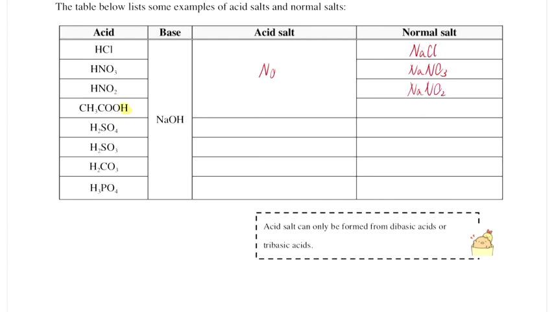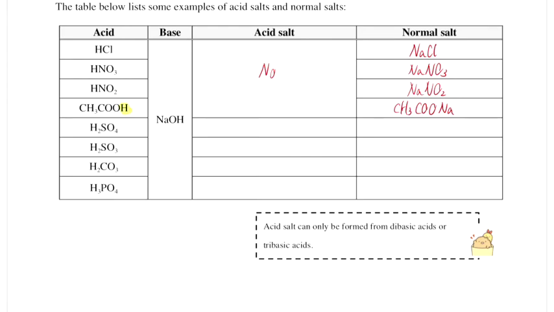And for the ethanoic acid with sodium hydroxide, we will form this compound. Again, the ionizable hydrogen ion will be replaced by the metal ion. How to name this compound, we're going to learn in later units, so don't worry about it now.